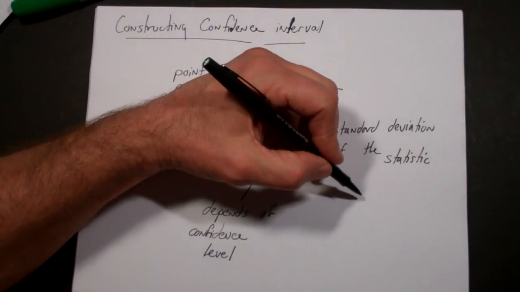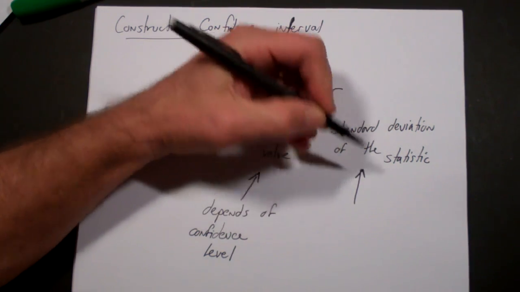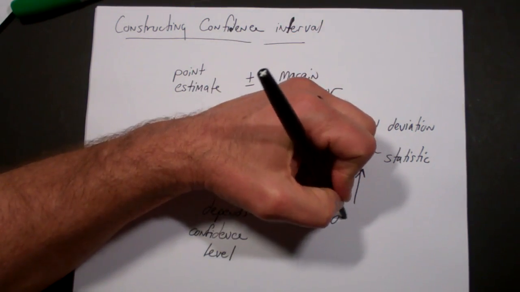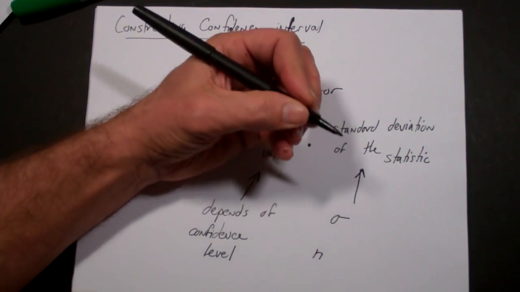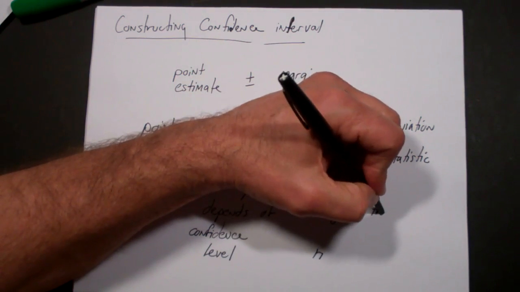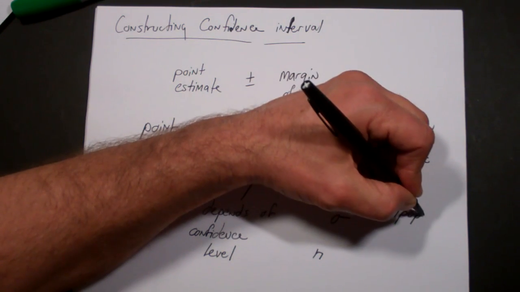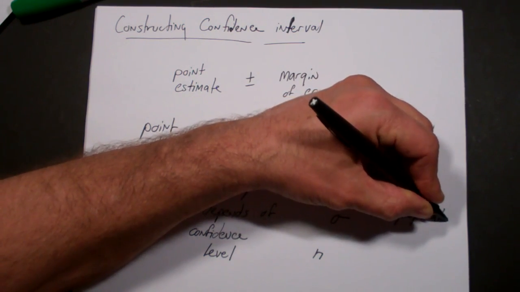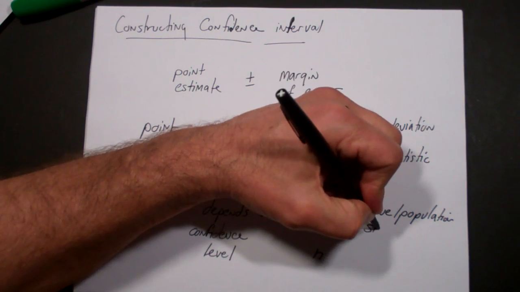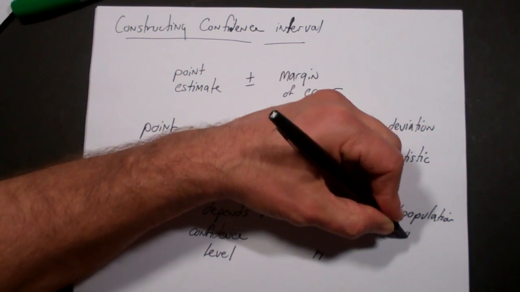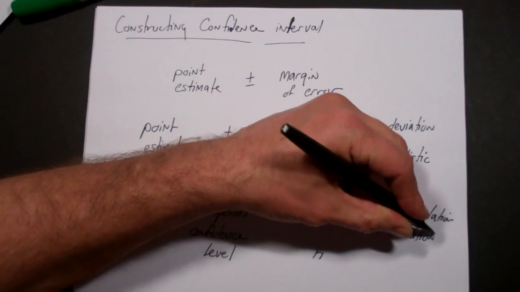Now, the standard deviation of the statistic, on the other hand, will depend on two things, sigma and n. Sigma is the true or population standard deviation. Let's think about that for a second.